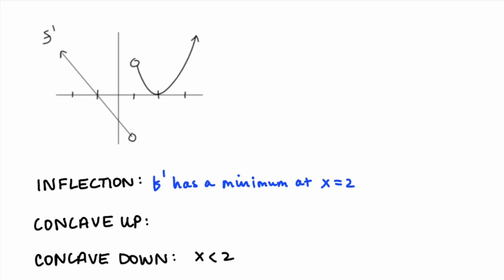Now, if you want to exclude x equals 1, that's what I was saying, that would be fine. I would totally understand why you would feel that way. But I'm going to just write x is less than 2 because we would not really even be able to see that on the graph of the original function f, besides maybe there being a sharp corner. Okay, so concave up, that's going to be where f prime is increasing. And that happens when x is greater than 2.